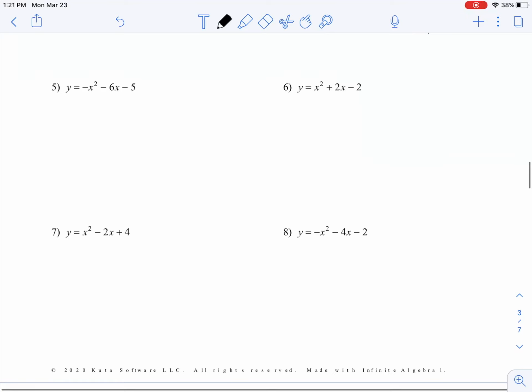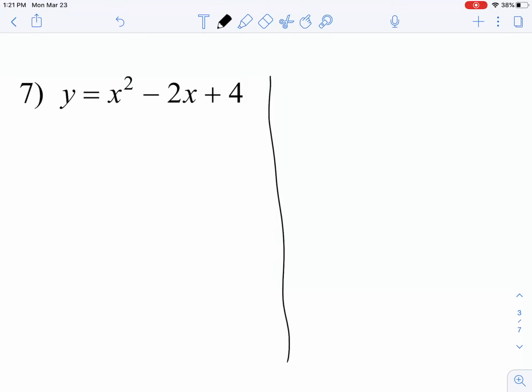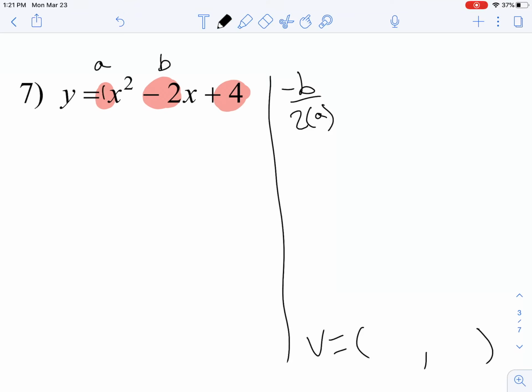I'll do just a couple more. We'll take a look at numbers 7 and 8. So I'm organizing my work. I know that my vertex has a point there. I'm saying negative b over 2 times a. I'm going to replace, so I have a is 1, b is negative 2, and c is 4. It's my a, b, and c.